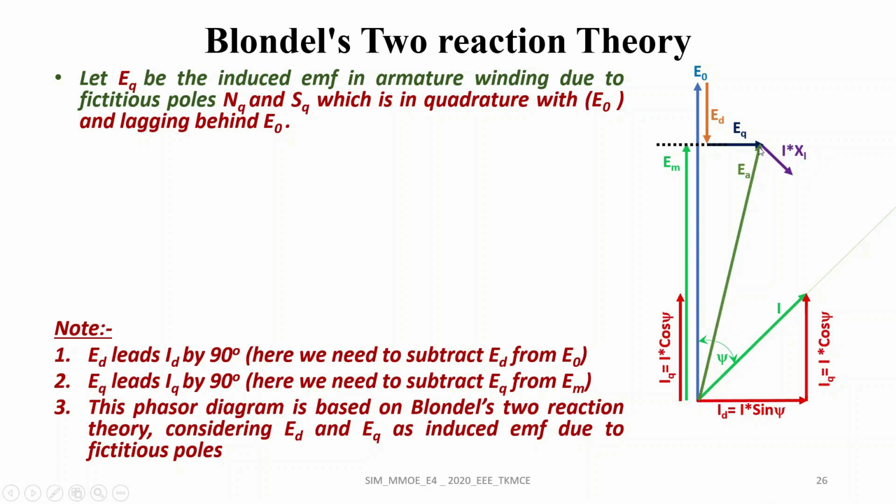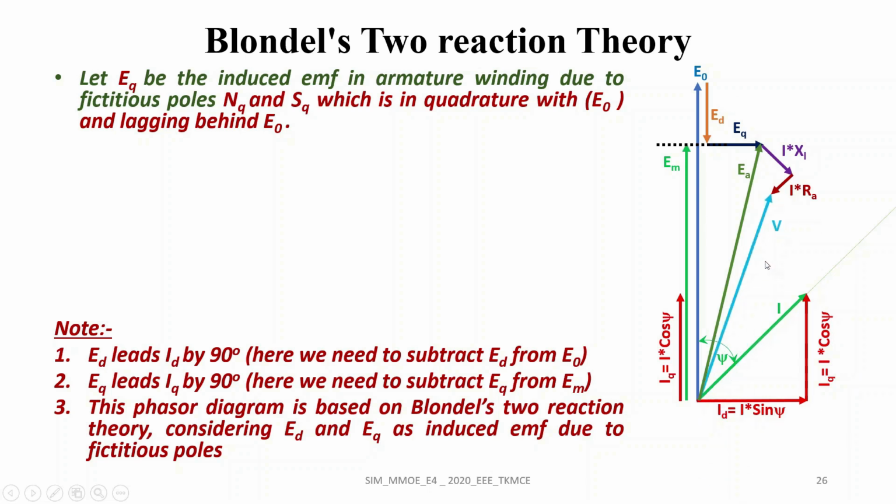So from this EA phasor, we need to subtract leakage reactance drop. Leakage reactance drop is leading I by 90 degree. Then we need to consider armature resistance drop, which is to be drawn in parallel to armature current. Now we considered armature resistance drop, leakage reactance drop, the voltage induced due to armature reaction. This resultant gives terminal voltage.